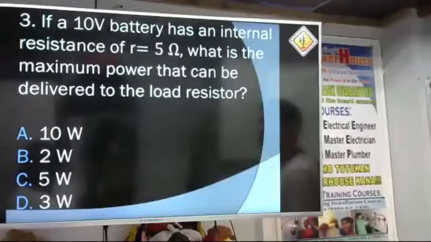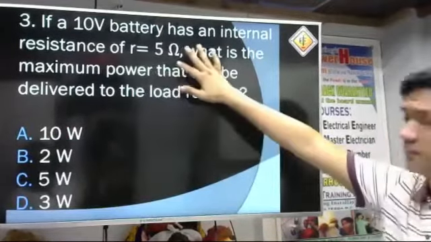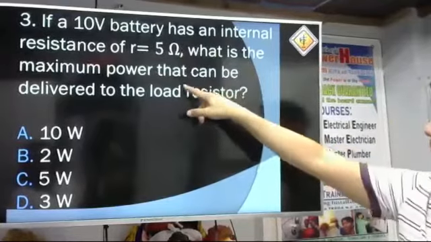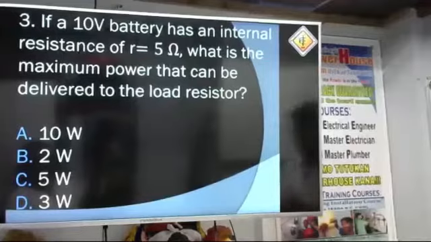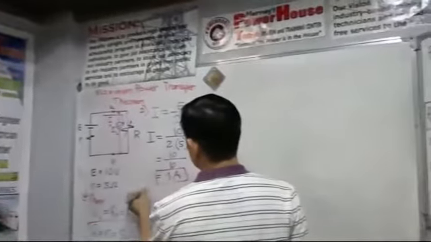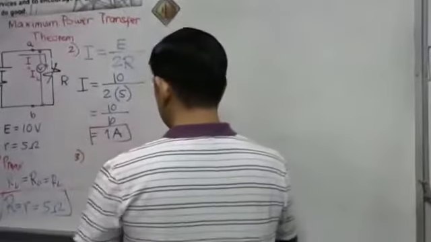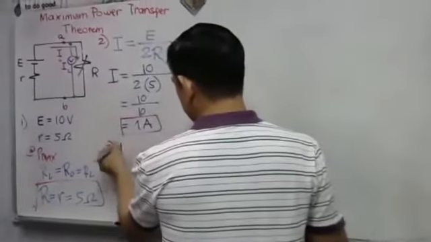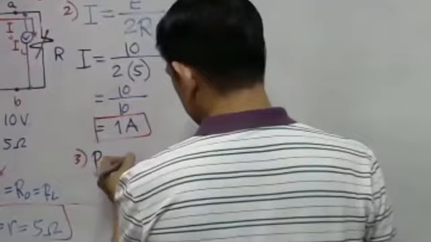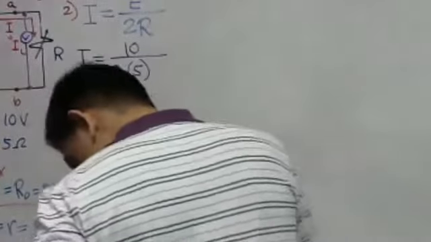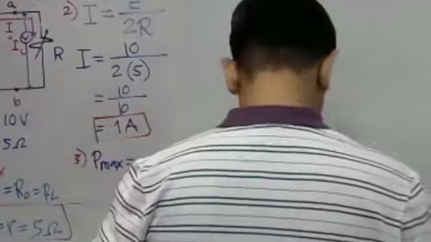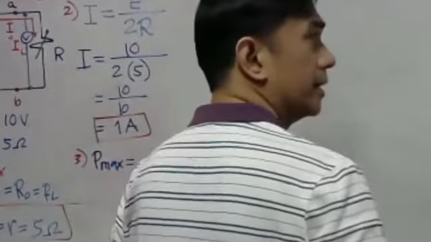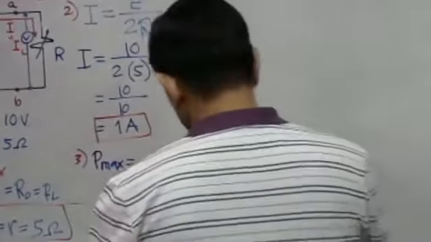What about problem number 3? The same given, actually: what is the maximum power that can be delivered to the load resistor? Let's have now the direct formula. Our maximum power is equal to E squared over 4R.